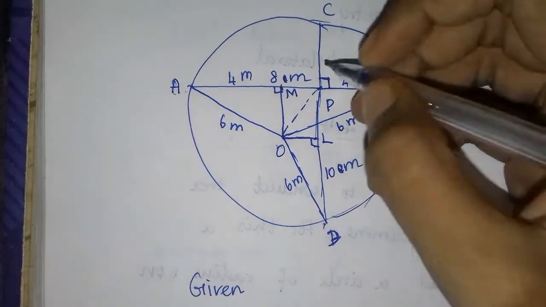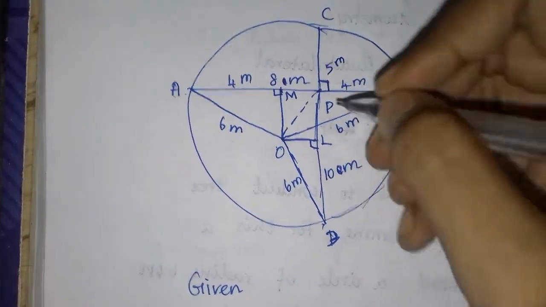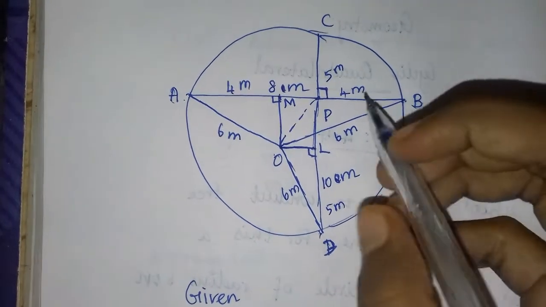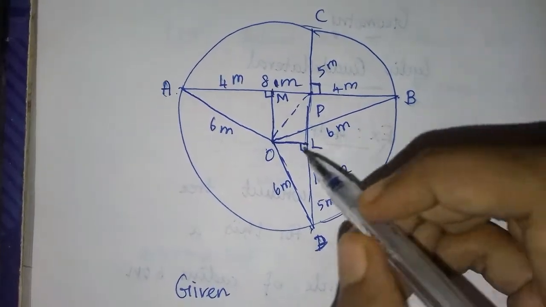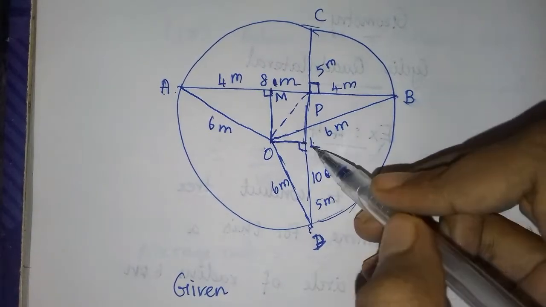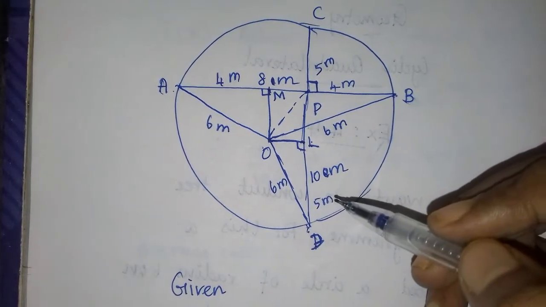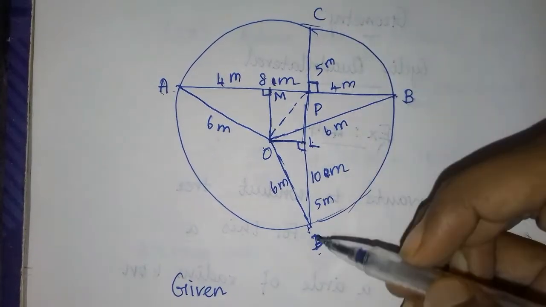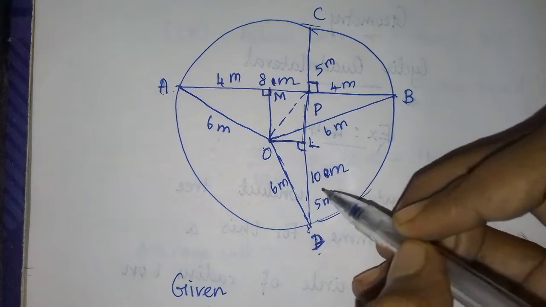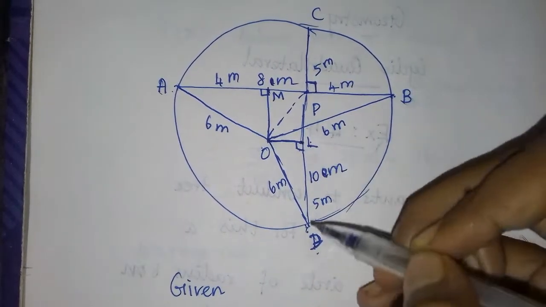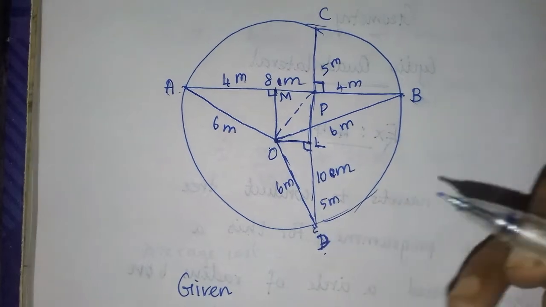Similarly, CL is 5 meter and LD is 5 meter. Why are we saying this? By a theorem, if OL is perpendicular to CD, then LD and LC are equal. Do you remember this theorem? We know the value of CD is 10, so we divide it by 2 and get 5 and another 5. Can you understand this?